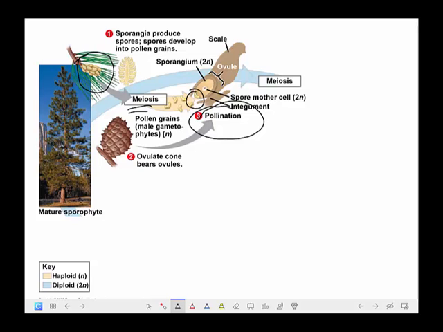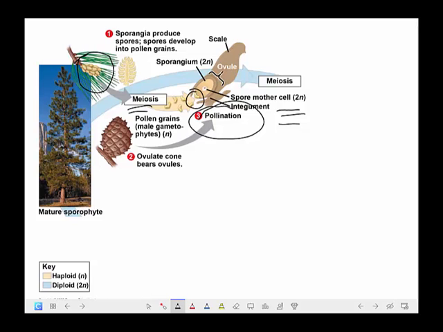Notice that the megasporangium at this point is still a sporangium. It's diploid tissue. It has a cell called a spore mother cell that will give rise to spores. Eventually, it'll just become one spore. And the male gametophytes are fully, completely developed. The female side of the equation here, it's still not even a spore. It's still a cell that's going to develop into a spore.